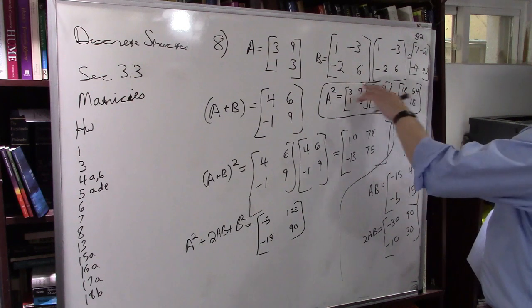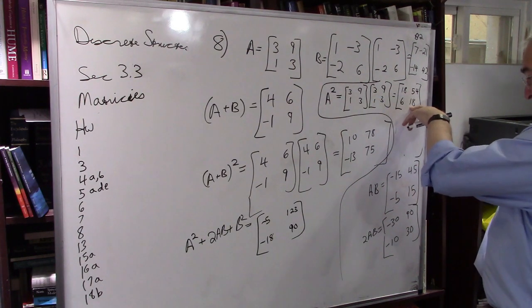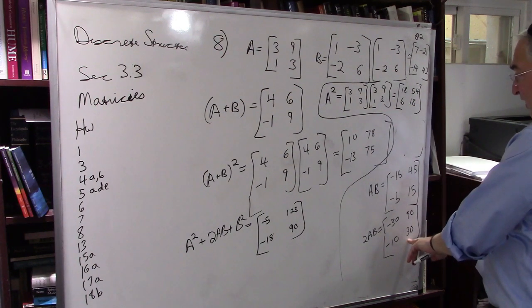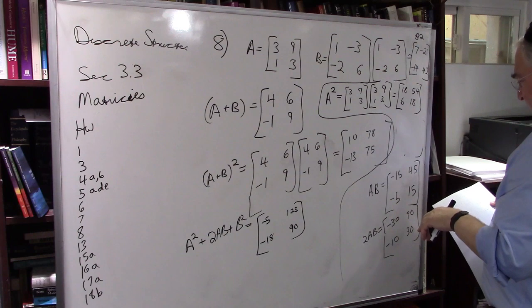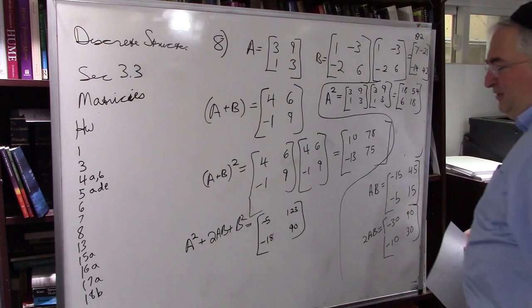A squared is 18 plus 2ab is 30. 18 plus 30 is 48, plus, where's b squared? Plus 48 plus 42. 48 plus 42 is 90. So that's that. Okay, so that works.